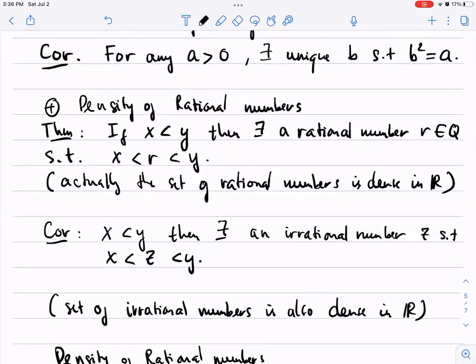The corollary here is that this is true for any positive number, not just 2. For any positive number A, there is a unique number B such that B squared equals A. Here we need the qualification condition: this is the unique B, with 0 smaller than B, such that B squared equals A.